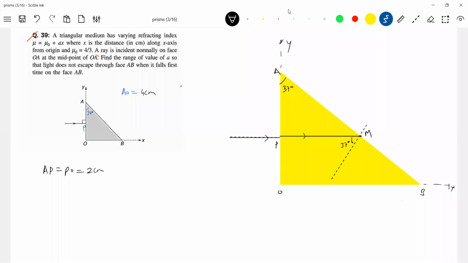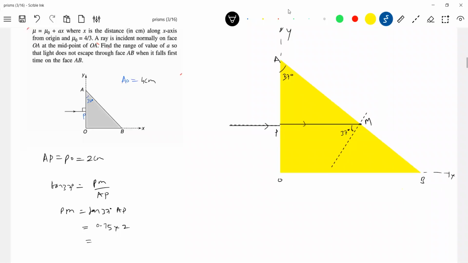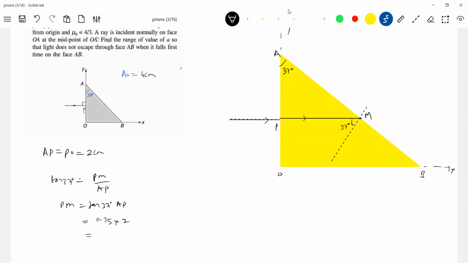From that, we'll get the distance. So tan 37 is PM by AP. So PM is equal to tan 37 times AP. Tan 37 is 0.75 approximately, AP is 2, so 3/2 centimeter.